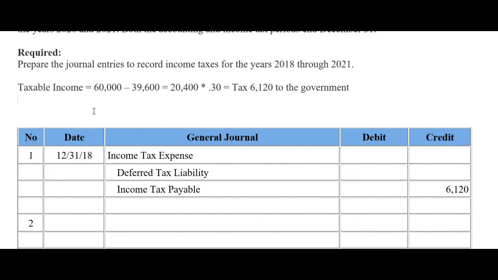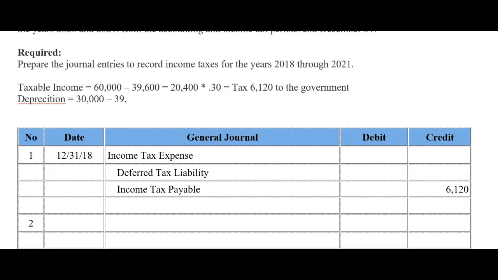How do we do that? It's going to be the difference between what we're allowed to deduct for tax and what we are reporting on our accounting income. So we're going to take the depreciation, which is $30,000 for our accounting income, to find the difference.